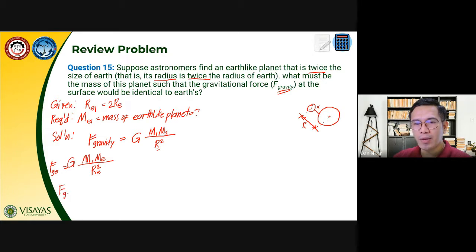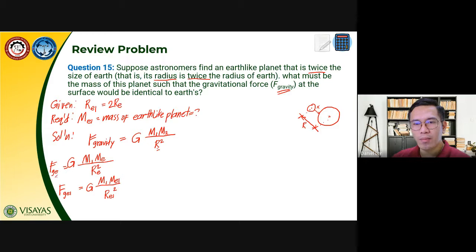So the gravitational force on the Earth-like planet, EL, is equal to G times the mass of an object on top of the Earth-like planet times the mass of the Earth-like planet, divided by the radius of the Earth-like planet squared.